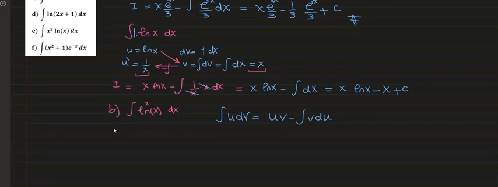So here we will use u as the ln power of 2 x, and the dv is going to be the dx, or 1. You may call it 1, of course.